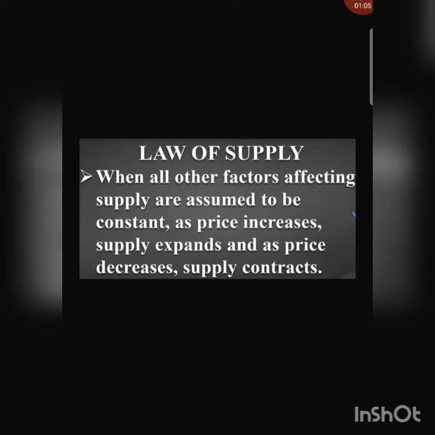Now you can see on your screen, students, what is the law of supply. When all other factors affecting supply are assumed to be constant, as price increases supply expands, and as price decreases the supply contracts. The factors assumed constant are the cost of production, the level of technology, future expectations regarding prices, and other factors we have seen.